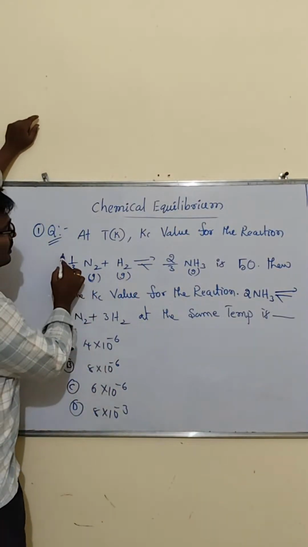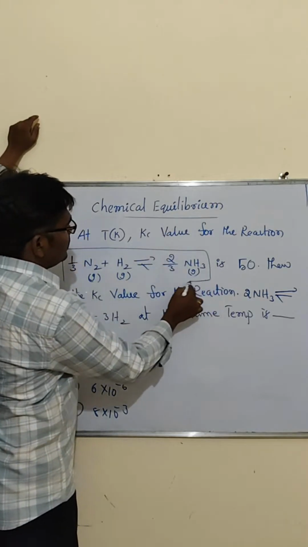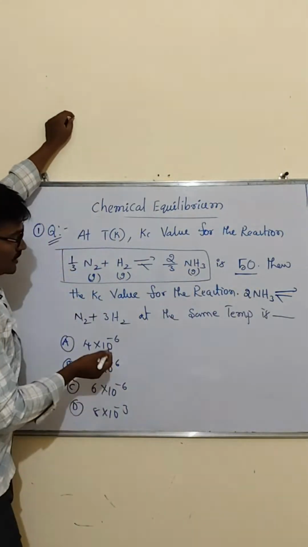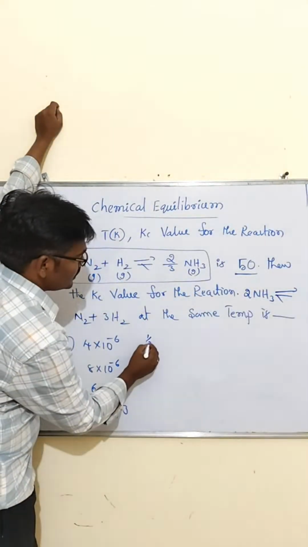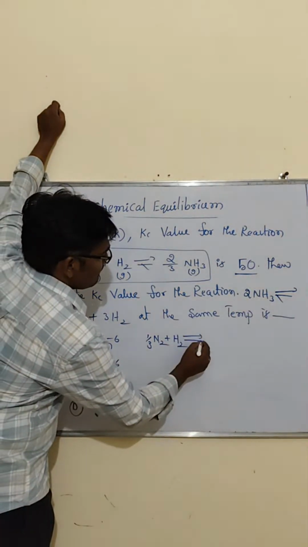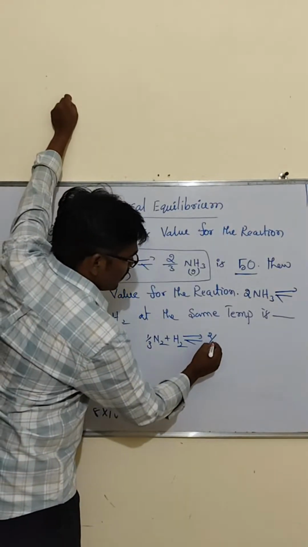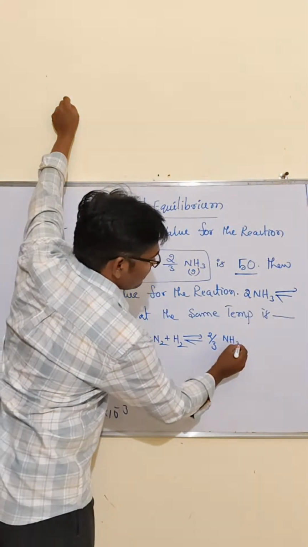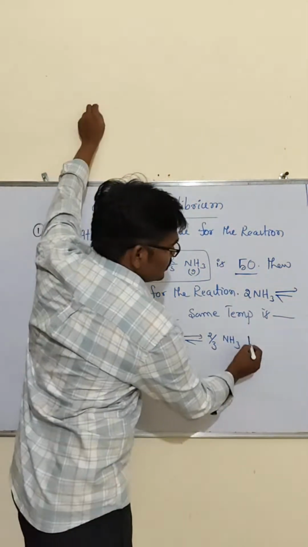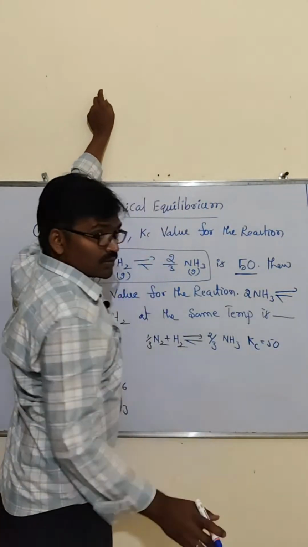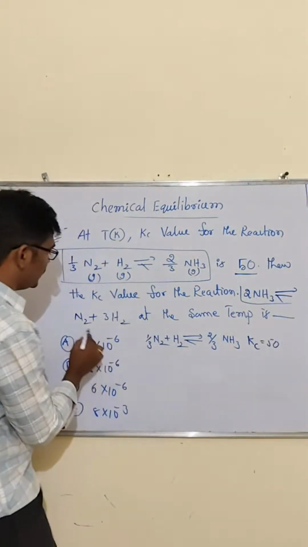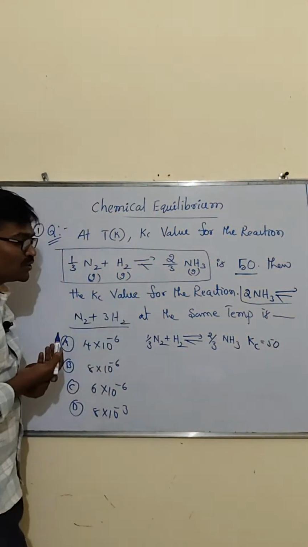So the first equation is given, and for this equation the equilibrium constant Kc is given as 50, right? The equation is 1 by 3 into N2 plus H2 gives rise to 2 by 3 into NH3, with Kc 50. Now one more equation is mentioned, 2NH3 gives rise to N2 plus 3H2.